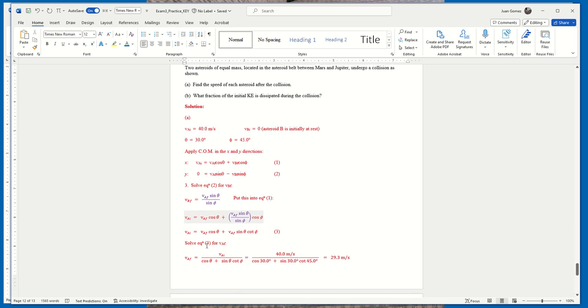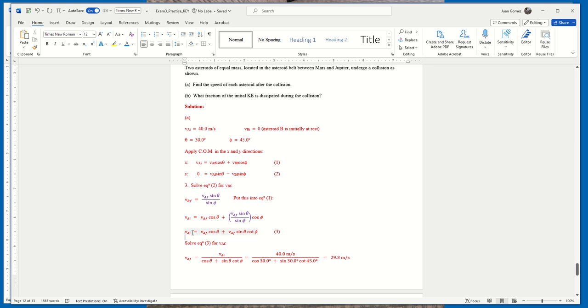Notice in the second term, cosine phi divided by sine phi is cotangent phi. So I get equation 3: VAI equals VAF cosine theta plus VAF sine theta cotangent phi.